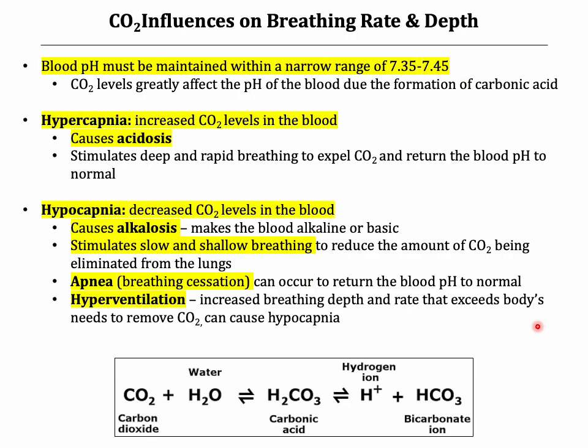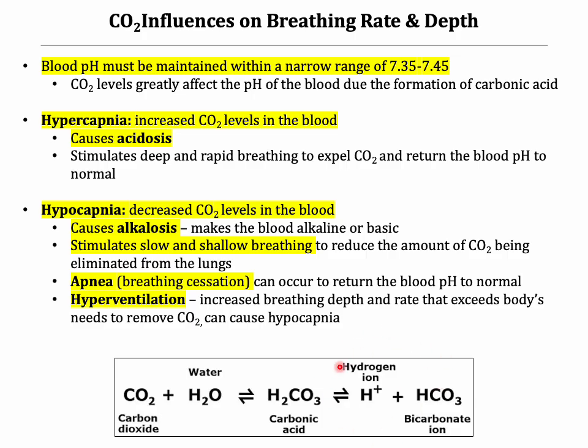As I mentioned, our blood pH has to be maintained within that narrow range of 7.35 to 7.45, and our carbon dioxide levels quickly influence that narrow range. When we have a lot of CO2, it's going to push this reaction forward. It's going to combine with water, form carbonic acid, dissociate into hydrogen ions and bicarb.